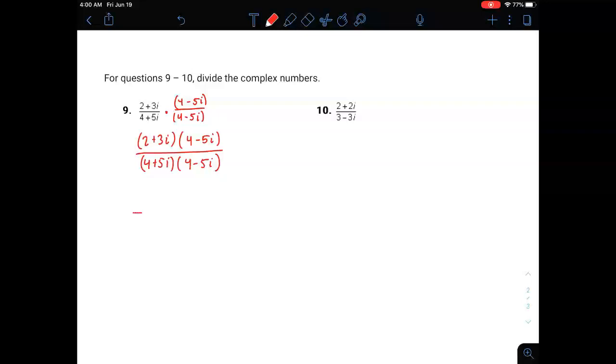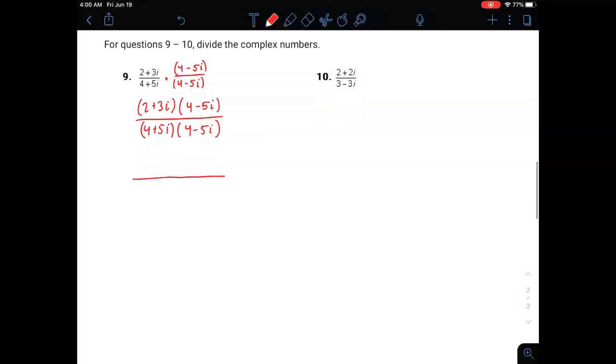All right, so moving forward, if I move forward with the bottom, I'm going to FOIL. So 4 times 4 gives me 16. All right, minus 20i plus 20i minus 25i squared. Again, just focusing on my denominator, and I'll put a little arrow so we know the different steps.